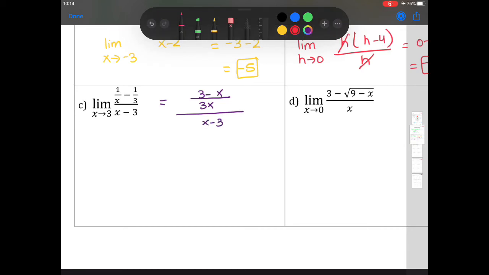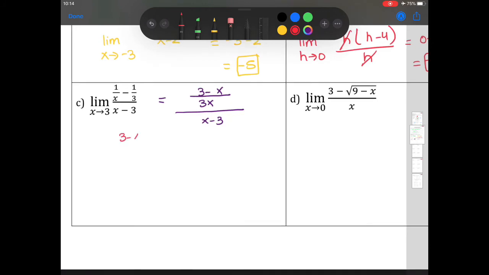Do keep change flip. So what do I get? 3 minus x, limit as x approaches 3, over 3x times, remember, over 1, so it's 1 over x minus 3.